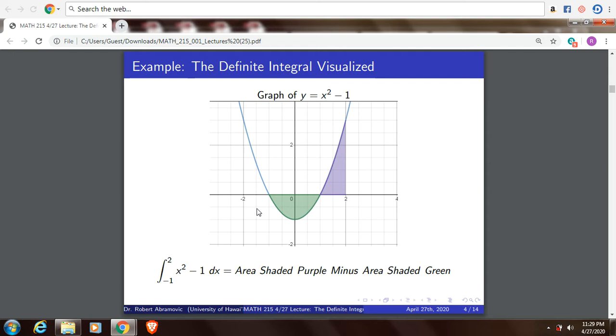In this case, the function lives below the x-axis from -1 to +1, and above the x-axis from +1 to +2. So it's equal to the area shaded purple, where the function lives above the x-axis, minus the area shaded green, where the function lives below the x-axis.